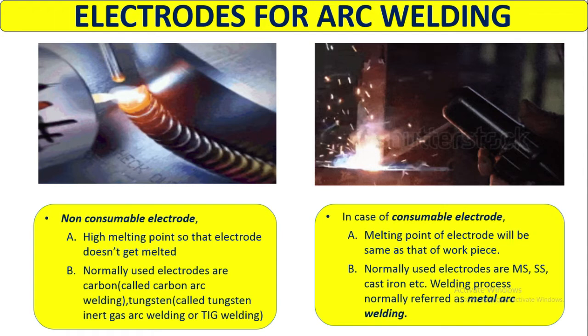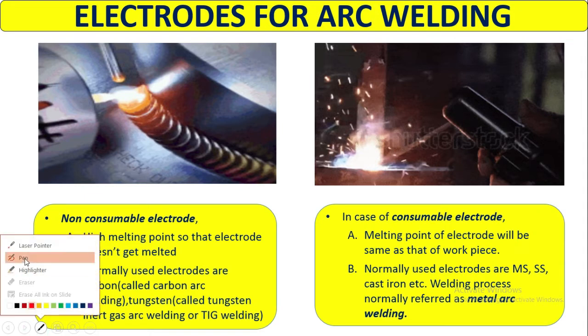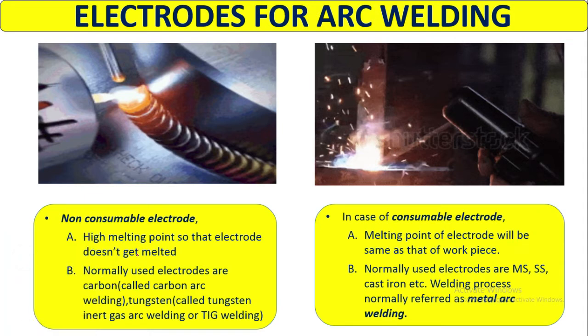Normally used electrodes are carbon, called carbon arc welding, and tungsten, called tungsten inert gas welding or TIG welding. If it is tungsten, it is tungsten inert gas welding. If it is carbon, it is carbon arc welding.